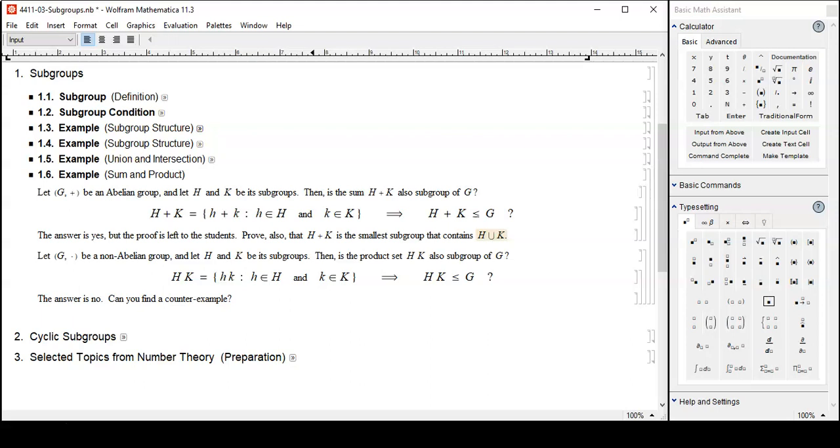One final comment. This H plus K is a superset of H intersection K. So this H plus K is a subgroup that contains H intersection K. And how do you prove that? Well, let me give you a hint.